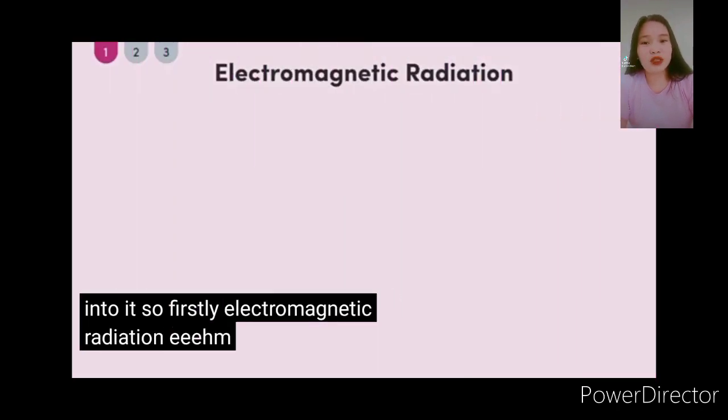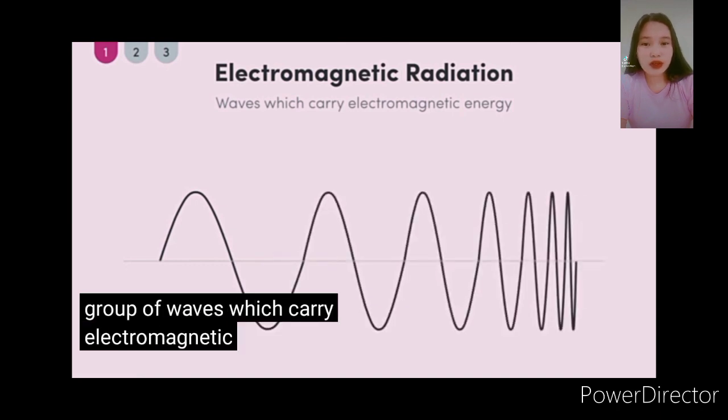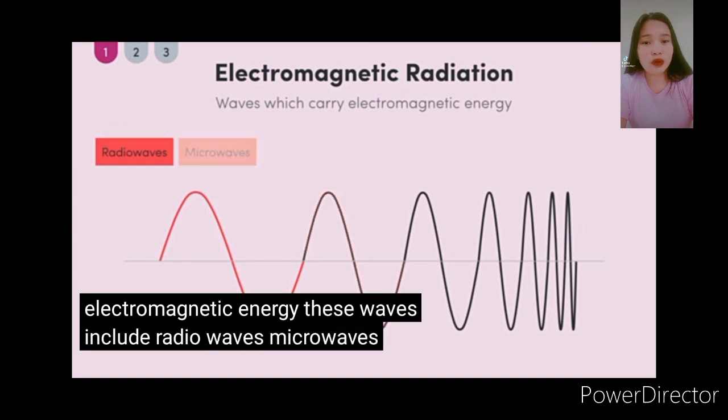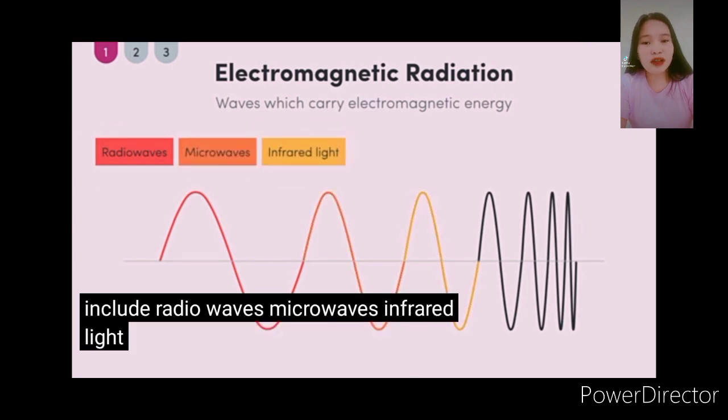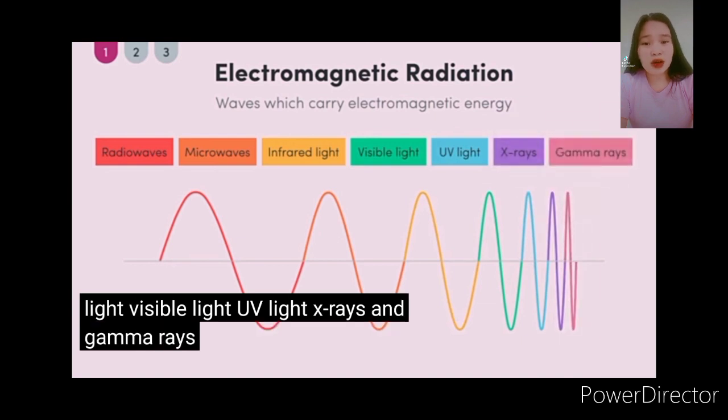So firstly, electromagnetic radiations. Radiation refers to a group of waves which carry electromagnetic energy. These waves include radio waves, microwaves, infrared light, visible light, UV light, X-rays, and gamma rays.